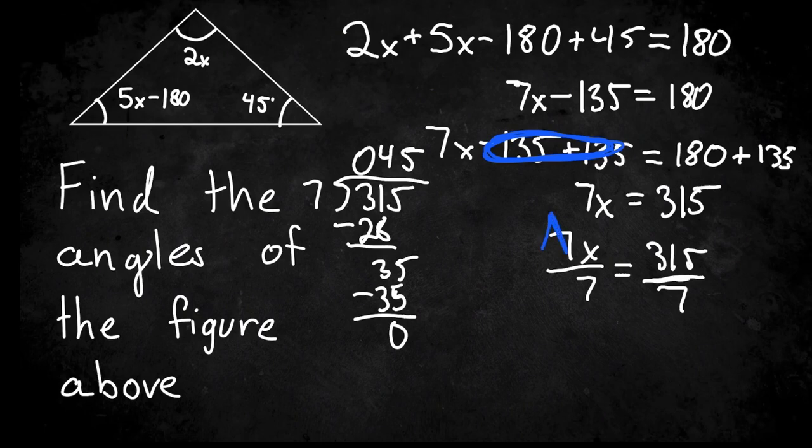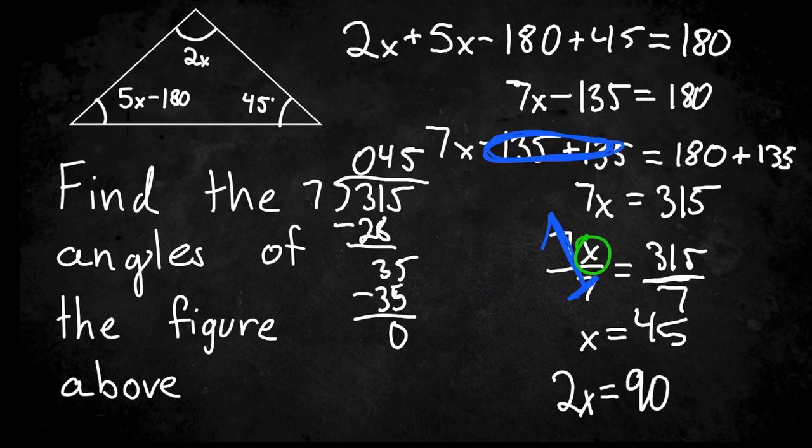And on this side, 7x over 7 equals 1x, and we have isolated the x. So x equals 45. Now that we know what x is, we can solve all the angles of the triangle, right? So you have 2x, which is 45 times 2, and that equals 90.